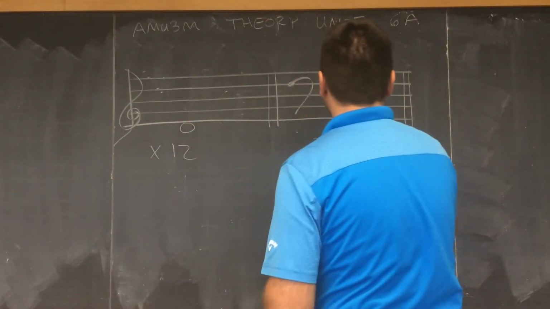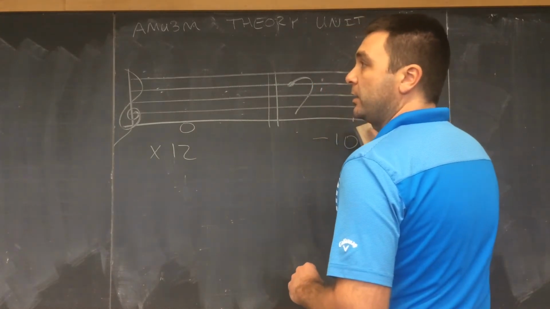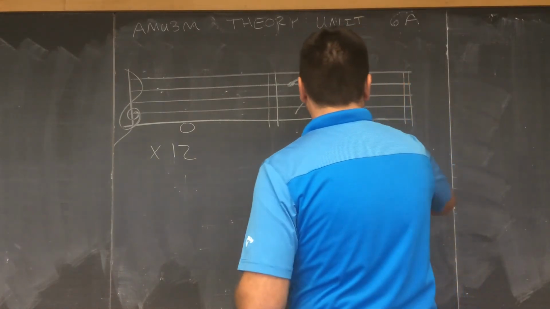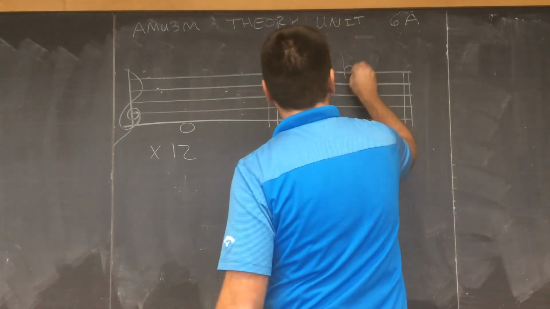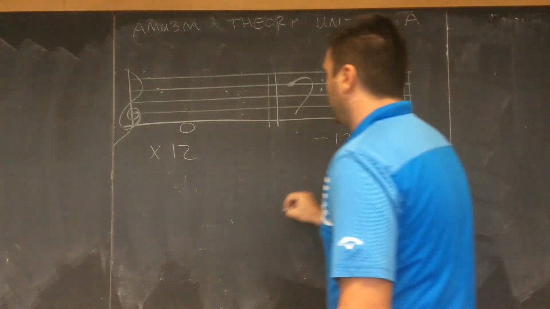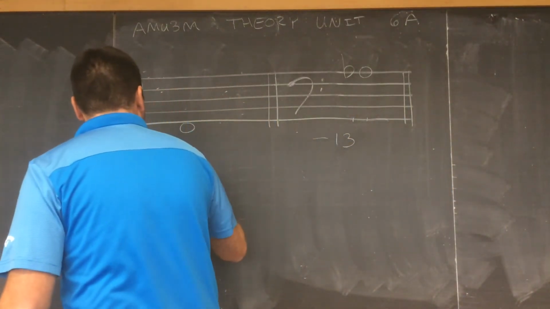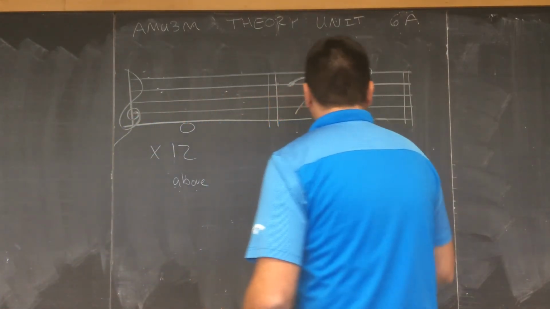That way I can show two things at once. So I'm actually not going to do that question. We'll do a minor 13th, and we'll do it below that note, which is an A flat. So this one we're going to do, and I'll differentiate. So this is above, and this one's below. Okay.